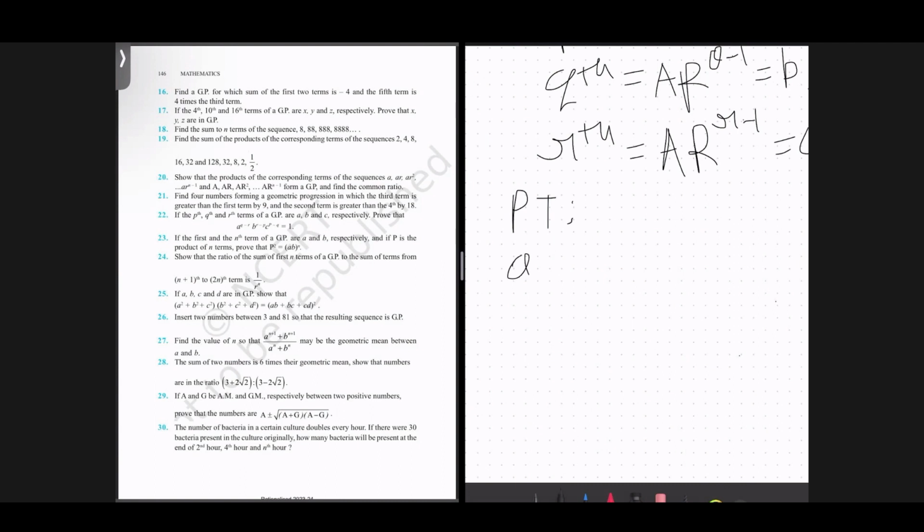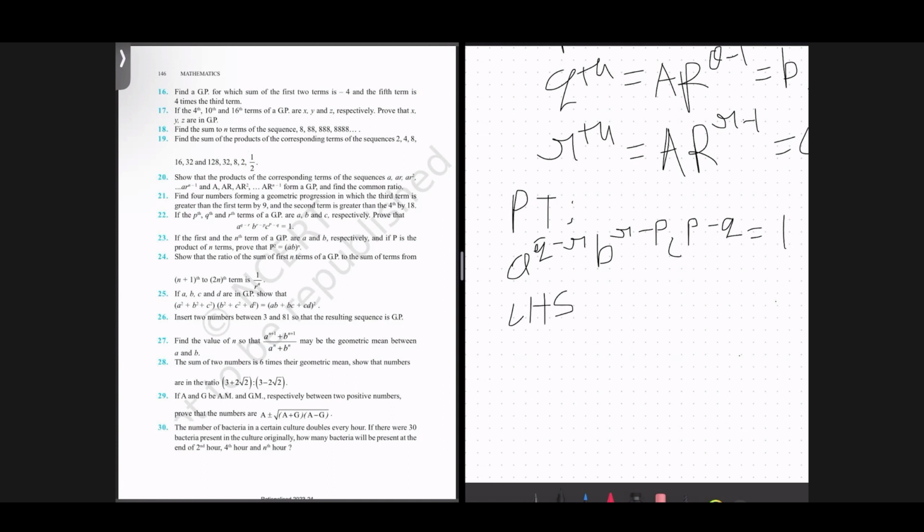We need to prove that a raised to the power q minus r, b raised to the power r minus p, and c raised to the power p minus q is equal to 1.